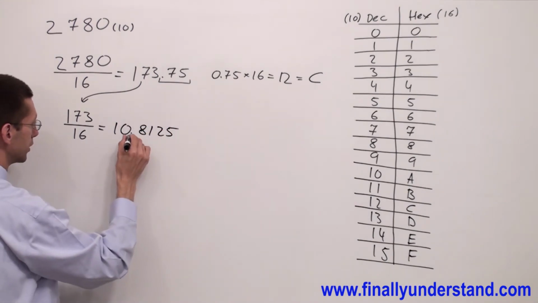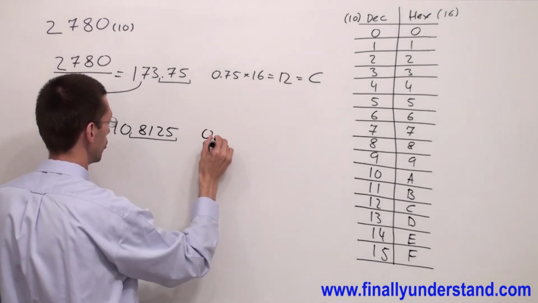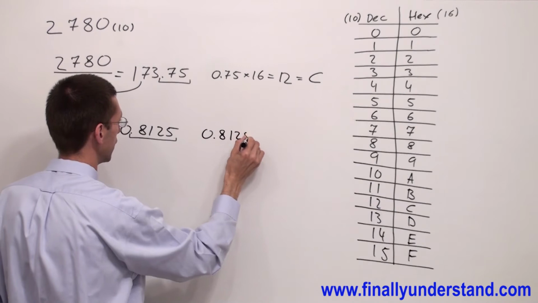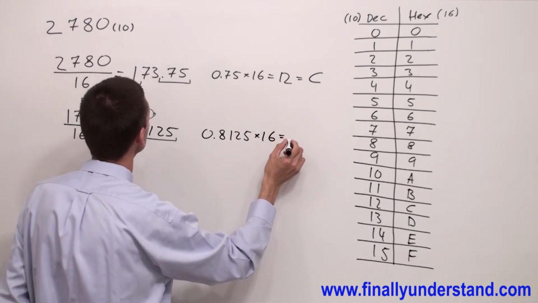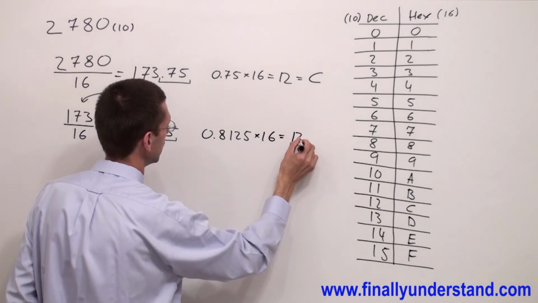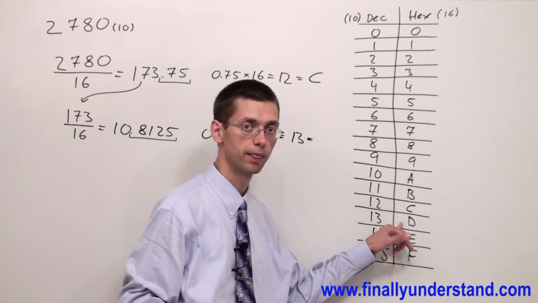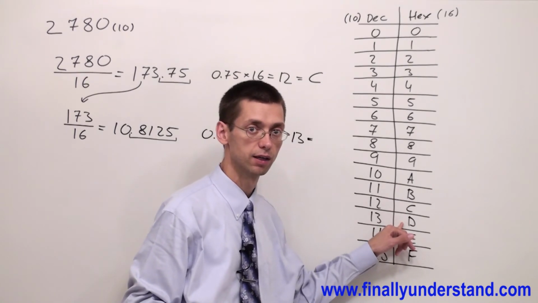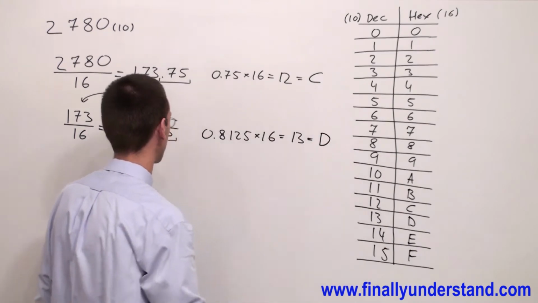Again, you're supposed to take the decimal part of this number and multiply by 16. So I have 0.8125 times 16, and this is equal to 13. 13 in the hexadecimal system is represented by the letter D. That's why I'm going to write D over here.